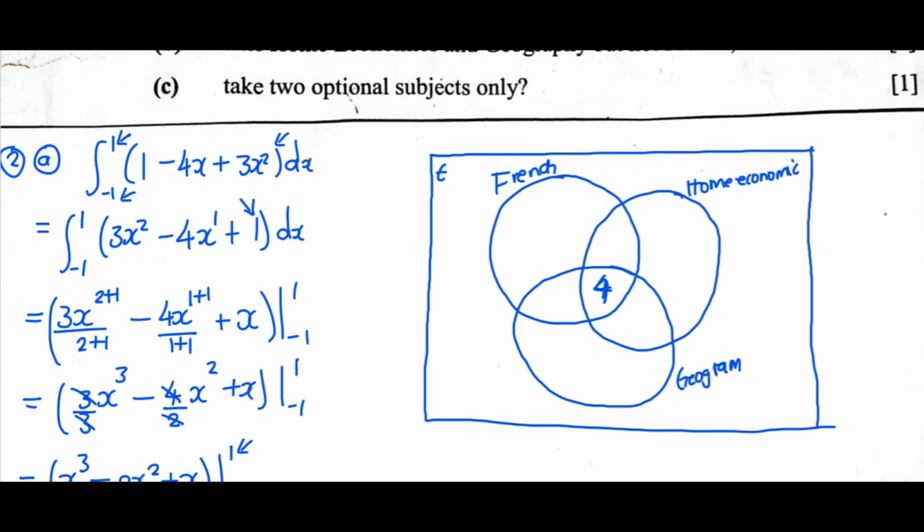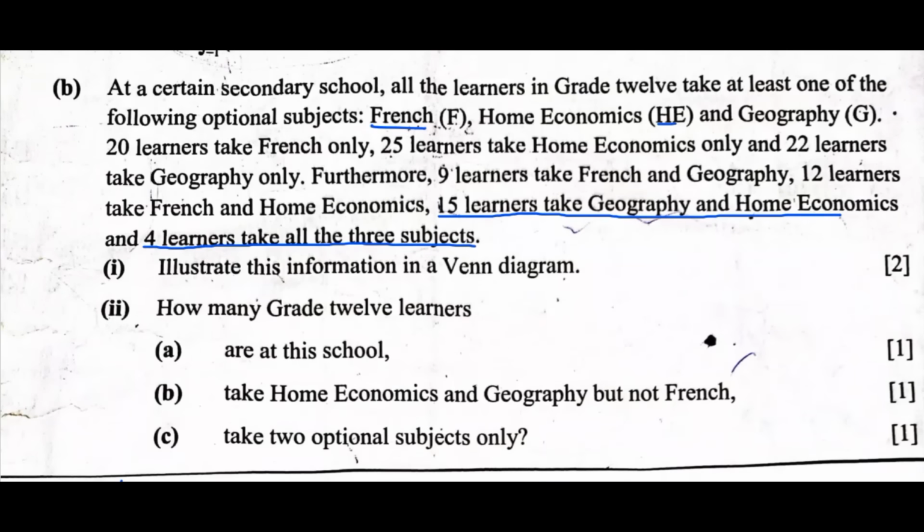So from that 15, we know that 15 did geography and home economics, so we are going to subtract 4. So 15 minus 4, we are getting our 11. So our 11 will be here. Now this 11 shows that these 11 did home economics and geography only. So that's the point here. Let's go back to the other one.